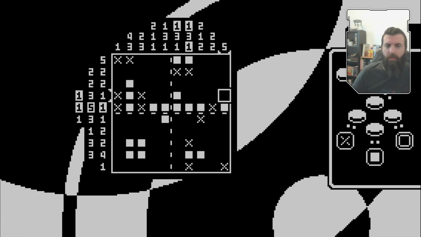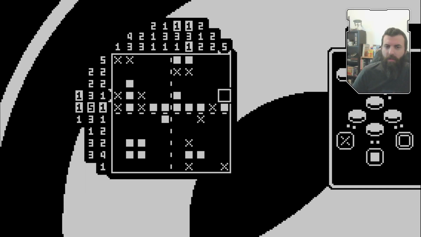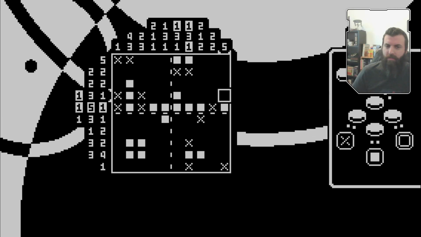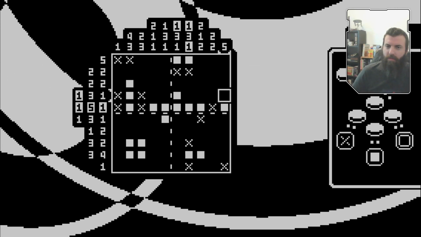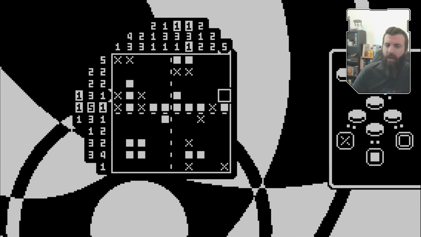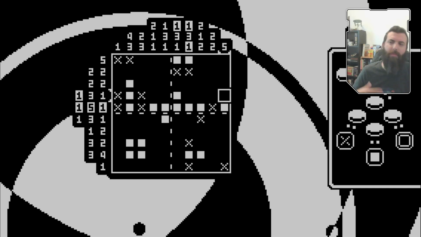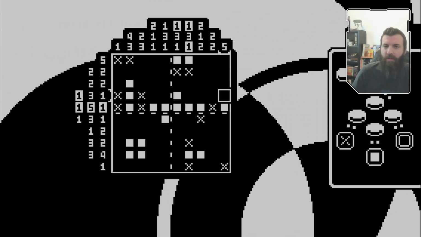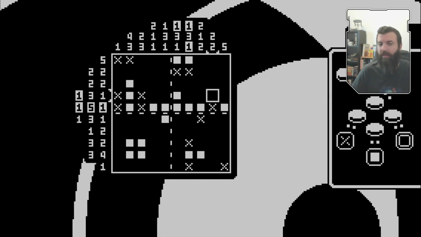Using what we know, say that there's a 50-50 chance. This pixel. But that's kind of a dead end. We could do that, but that really doesn't tell us much.